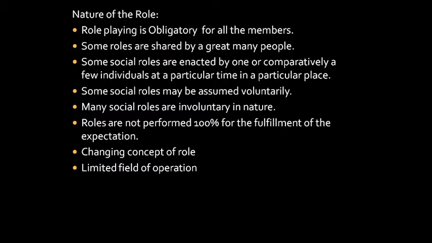Everyone will not perform 100% and fulfill the expectation. For instance, let's take the example of a small unit, that is the family. If a family expects their child to be very studious and very good in studies, but the child may not do very well in academics, that means the child did not perform 100% for the fulfillment of their expectation.